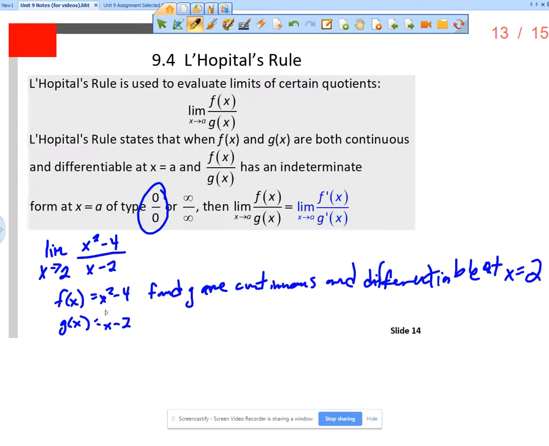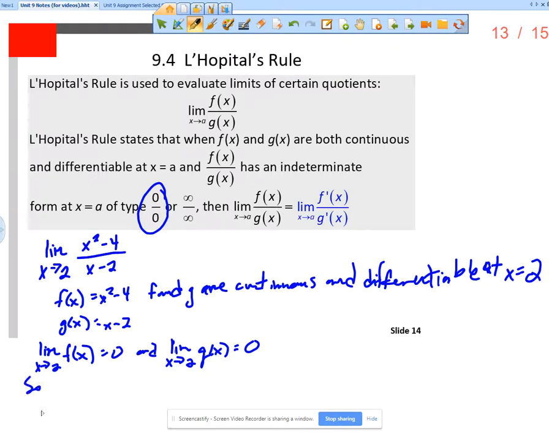Therefore, since the limit as x approaches 2 of f of x is 0, and the limit as x approaches 2 of g of x is 0, if we were to divide them, we would get 0 over 0.